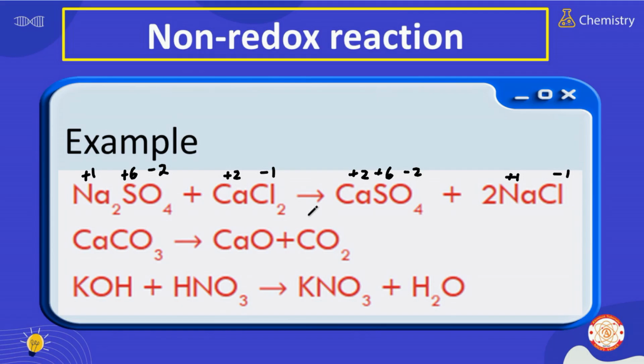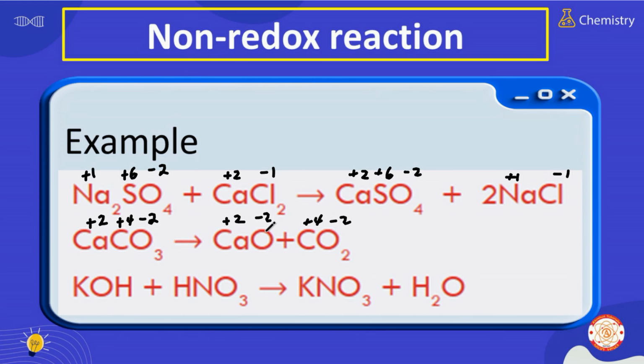Similarly, calcium carbonate. What is oxidation state of calcium? +2. And what is oxidation state of oxygen? It is -2. Therefore, what is oxidation state of carbon? It is +4. +2, -2. -2, +4. Therefore, there is no what?